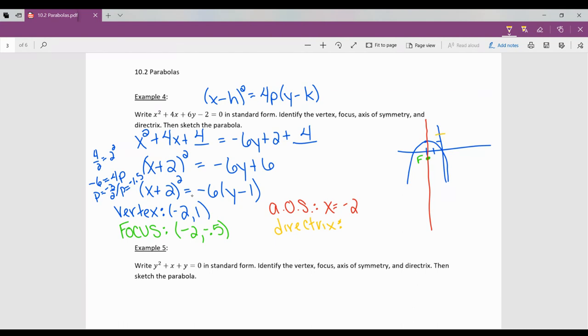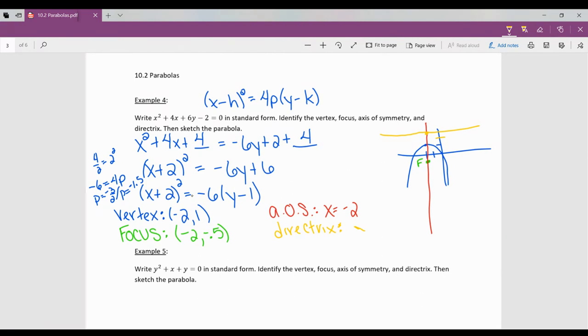So 1 and then 0.5, so we're going to be at 2.5. So it creates that perpendicular line. So it's going to be y equals 2.5. And that is my vertex, focus, axis of symmetry, directrix, and my sketch of the parabola. So the only thing that we have to incorporate now is completing the square with it.